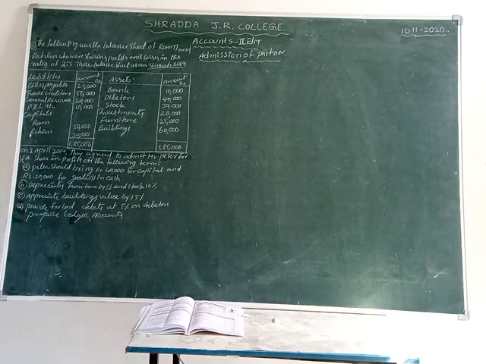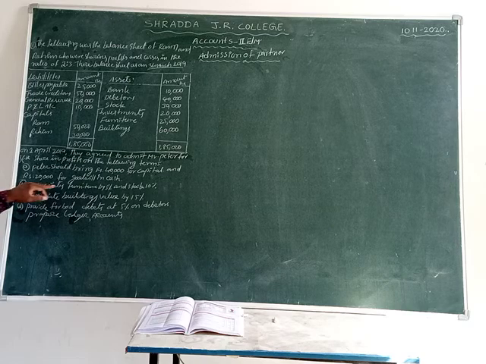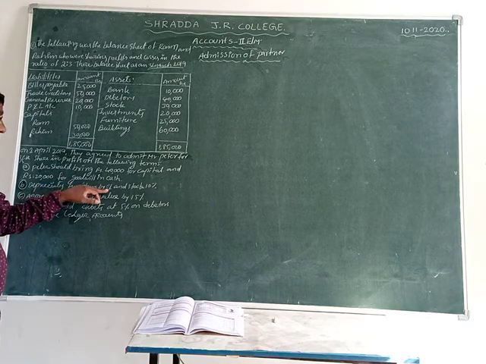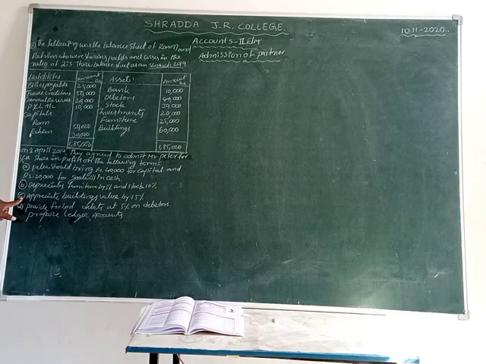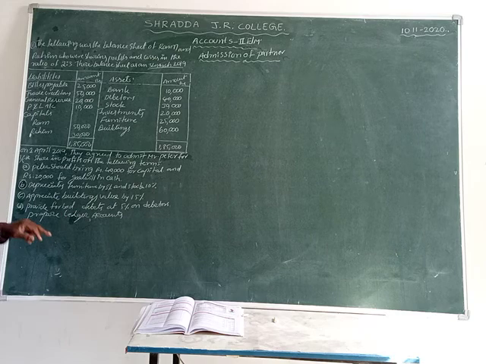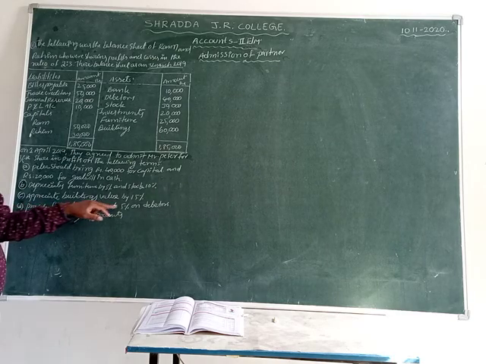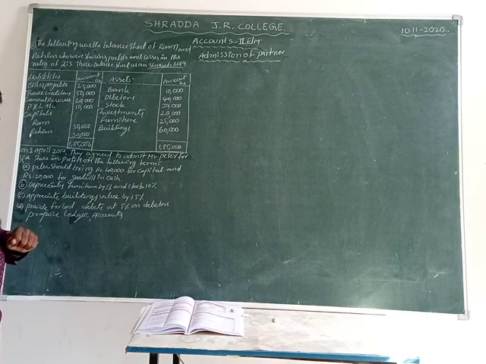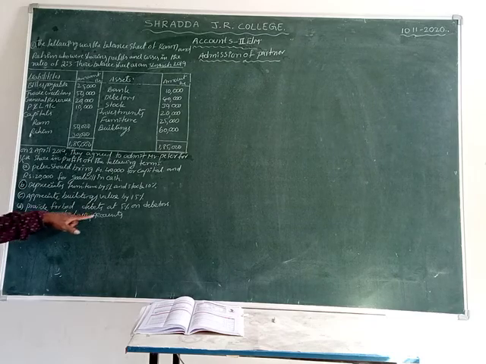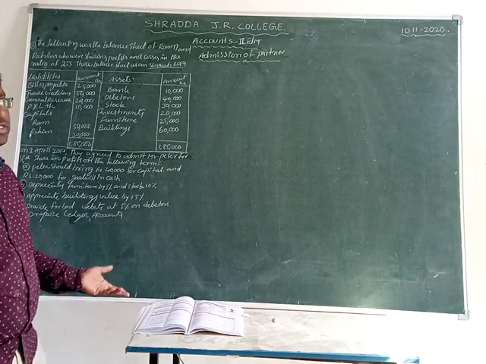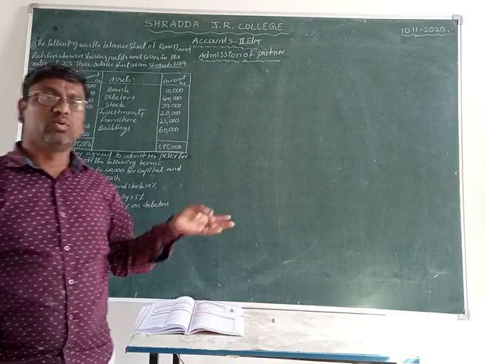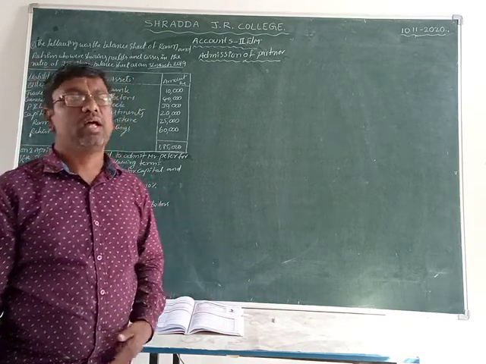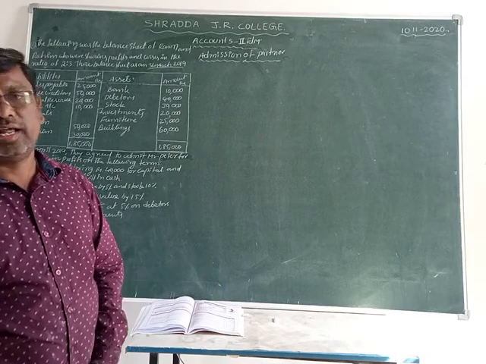Next, depreciate furniture by 5% and stock by 10%. Third, appreciate the building's value by 15% and provide for bad debts at 5% on debtors. Prepare ledger accounts. What are the ledger accounts here? The revaluation account, cash or bank account, goodwill account, partners' capital account, and balance sheet. These are the ledger accounts.